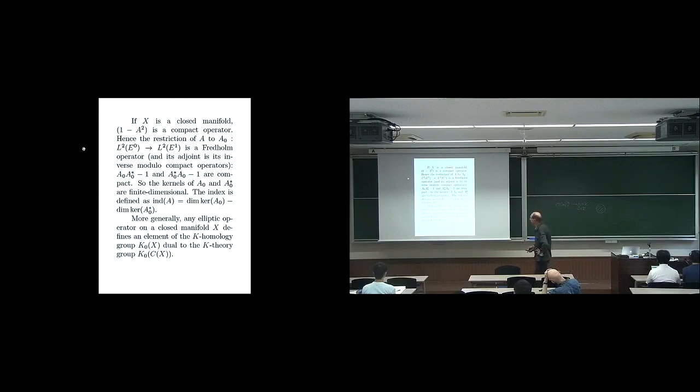In fact, if we go a little bit more into abstract definitions, we could define this group called K-homology of X as the group of abstract Fredholm operators in some Hilbert space where we have a representation of C0 of X, with the properties that these are compact, and A0 commutes with the action of multiplication by functions modulo compact operators.